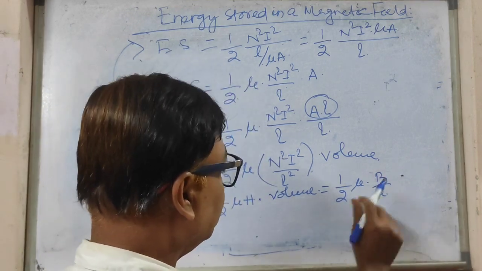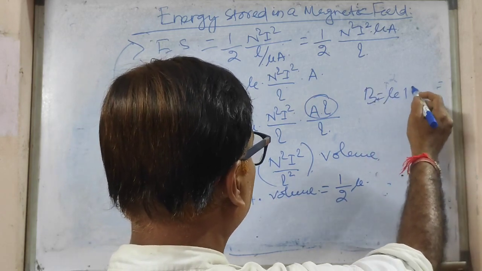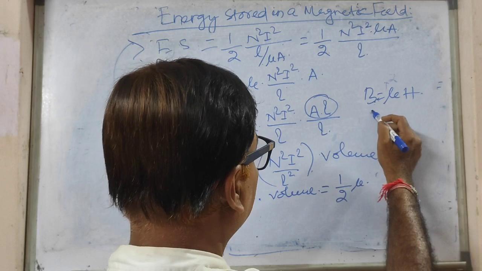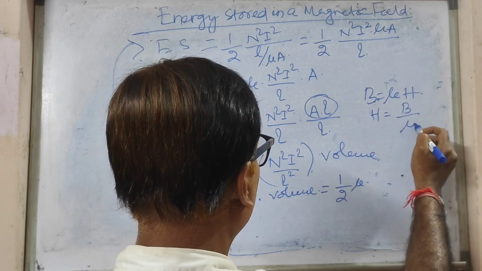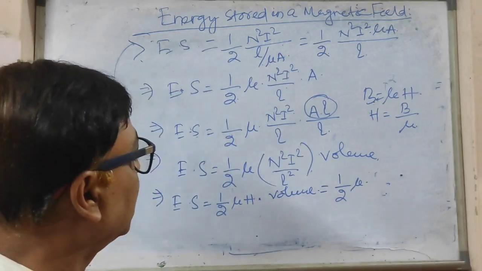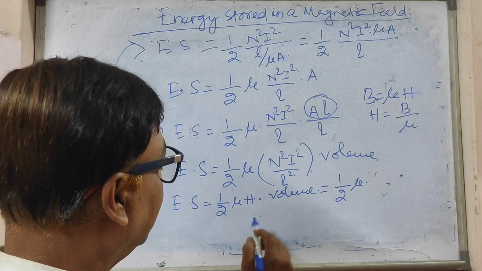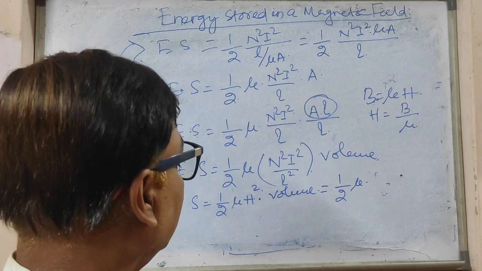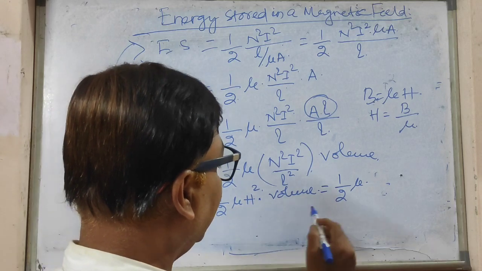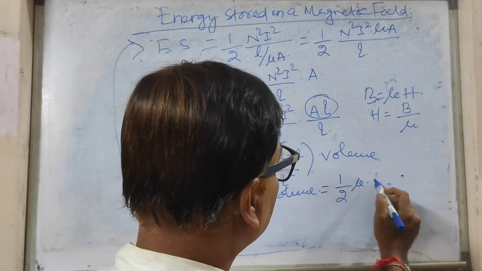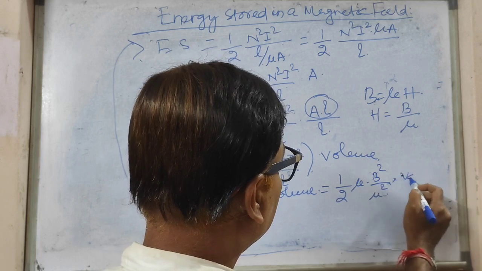So the energy stored is half mu H square into volume, and mu H square becomes B square by mu square into volume.